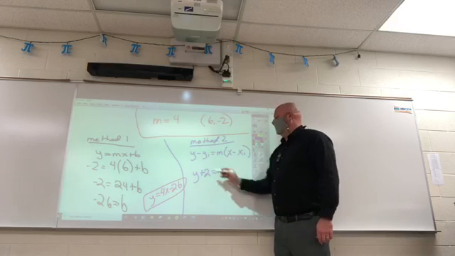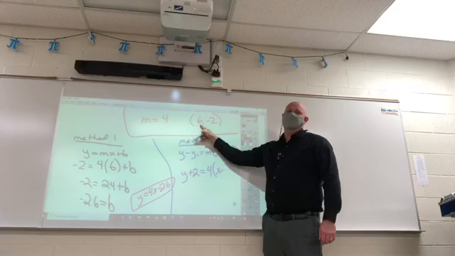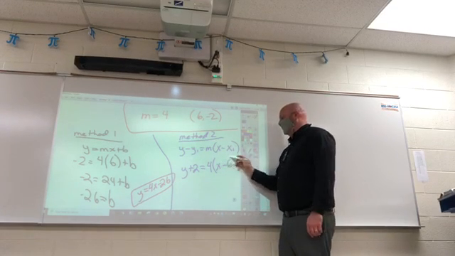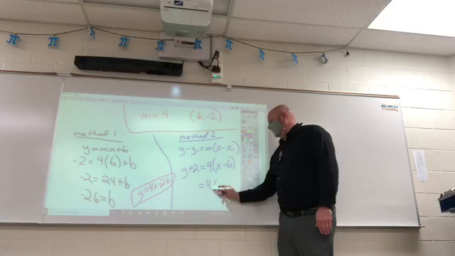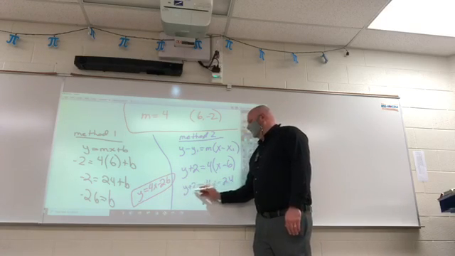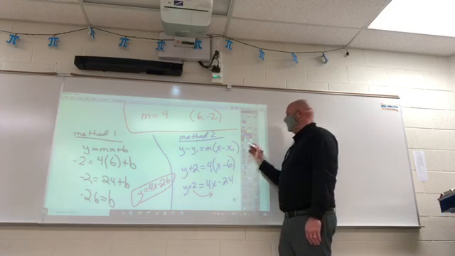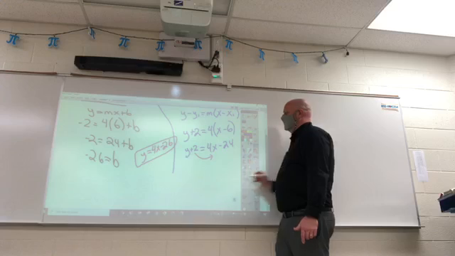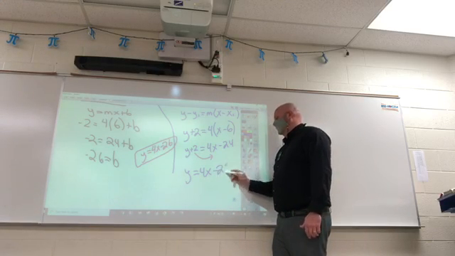The slope is 4, and then it'd be x minus 6, right? And then you distribute: 4x minus 24 equals y plus 2, and all you got to do now is move that 2 to the other side. How do you move that 2 to the other side? You subtract. So you get y equals 4x minus 26.